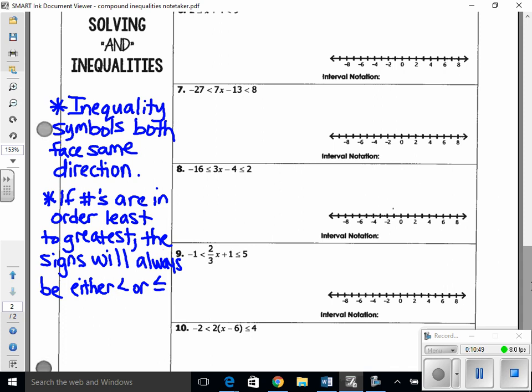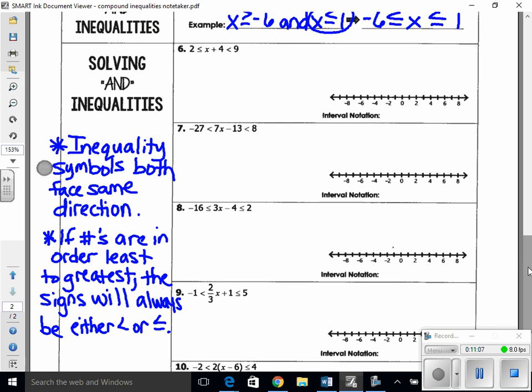So if you have your answers in order, littlest number first and largest number last, these are the only two possible signs that you would need, and it just depends on which one they give you in the problem. Then if you have them from largest to smallest, then they're going to be the reverse. But we always want to try and keep them from smallest to largest.